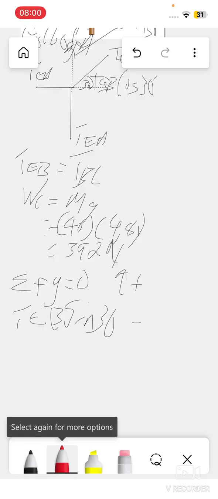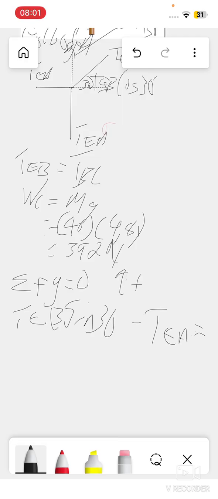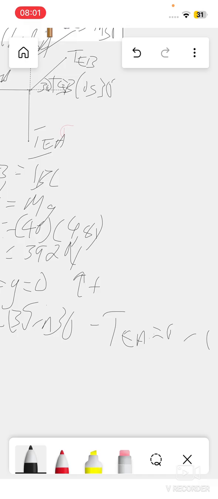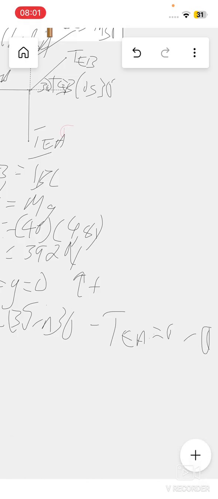Because we took the upward direction as positive, this force is going to be negative TEA. The T represents the tension, and the sum is equal to 0. We only have two forces here, so we're going to call this equation 1.